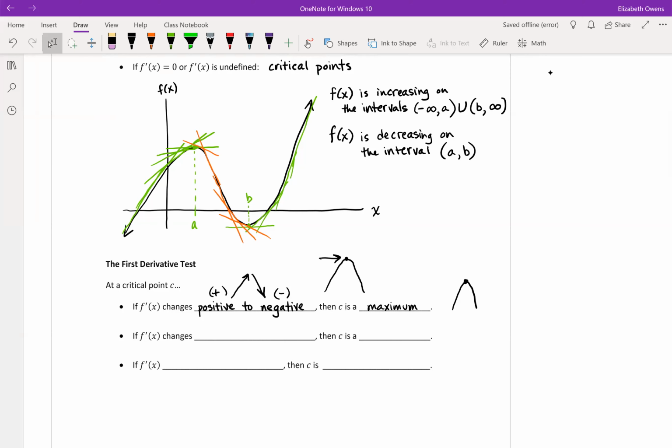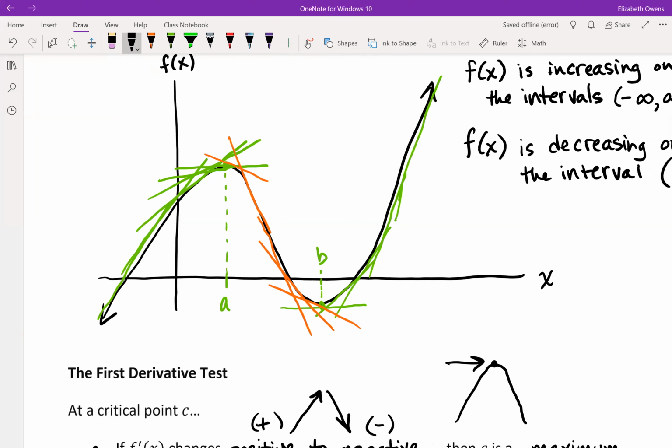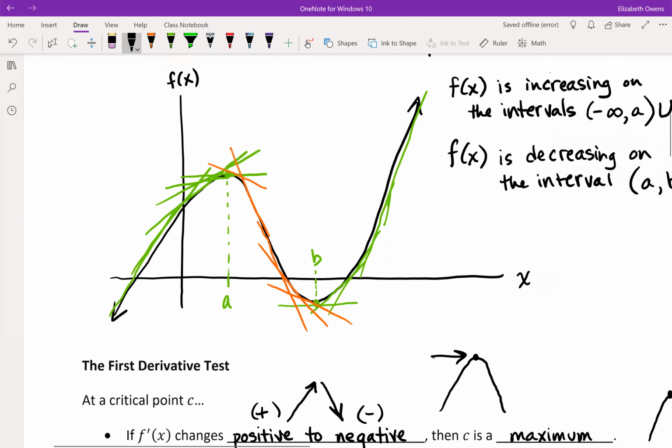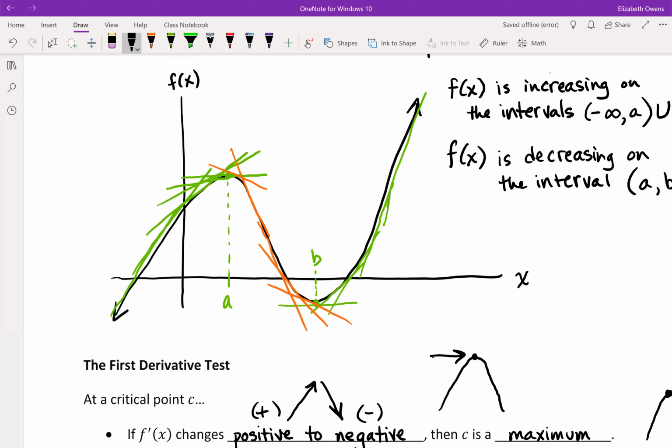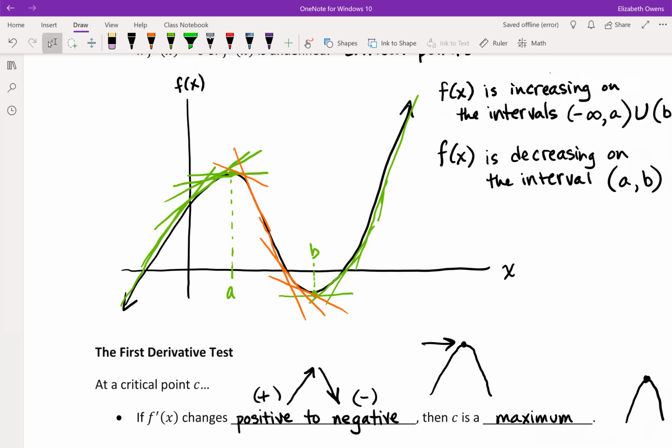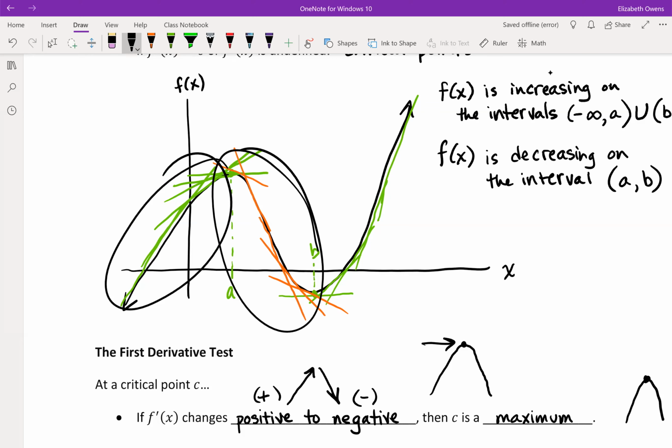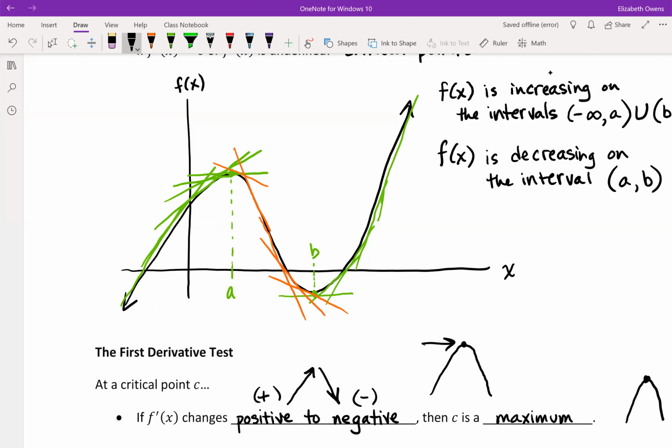So if you're looking at the values, you would see a shift. The numbers are positive and then they turn negative. You can also find that on your graph. Seeing here, the green tangent lines have positive slopes, so positive first derivative. The orange ones are negative tangent slopes, so negative first derivative. So a place where we change from positive to negative is right here at this critical point, A. Okay.